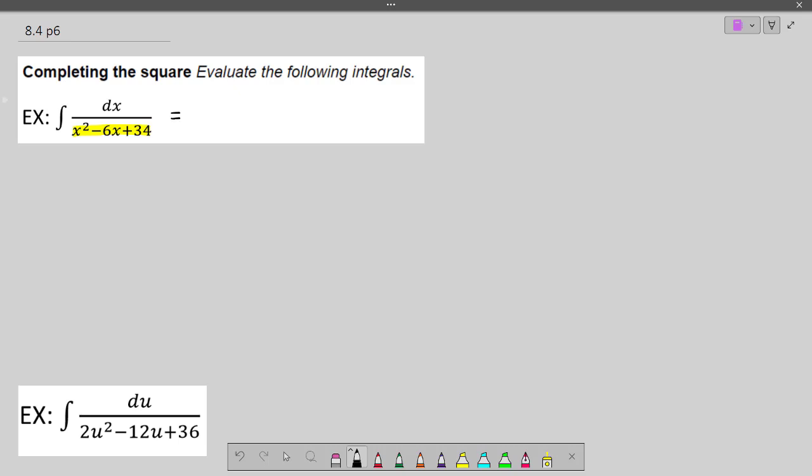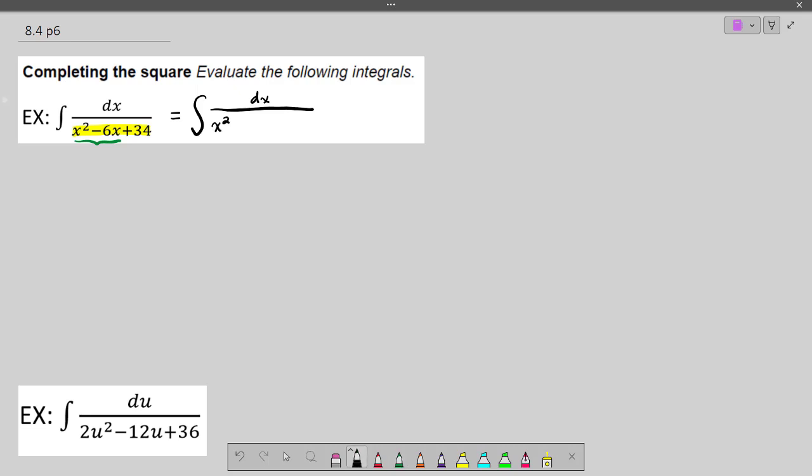When we complete the square here, in order to create a perfect square trinomial, what constant do we need so that this part is completed? 9. We take that coefficient of x, divide it by 2 and square it, we get a 9. So that's what we need here in order to complete the square.